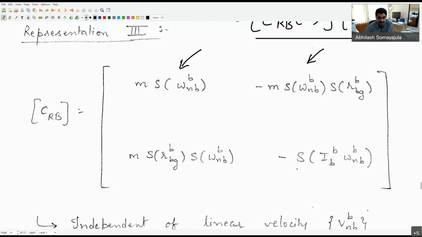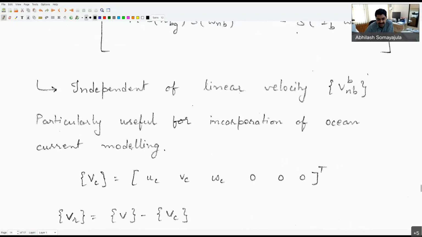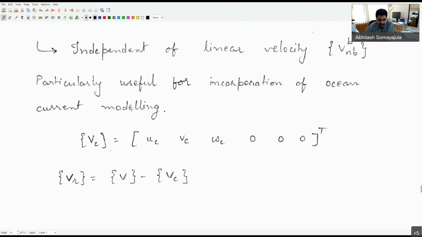The ocean currents will make a dent in our linear velocity of the craft, and when we take a relative linear velocity, our CRB matrix will also be varying. Whereas when we choose this second representation, where we don't have any V and B, we can neatly write down our velocity due to the current and write down the relative velocity of the vehicle with respect to the current as V minus Vc.